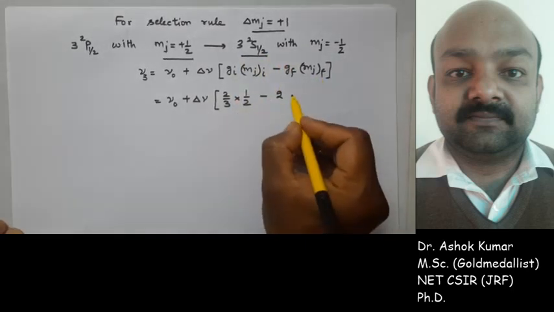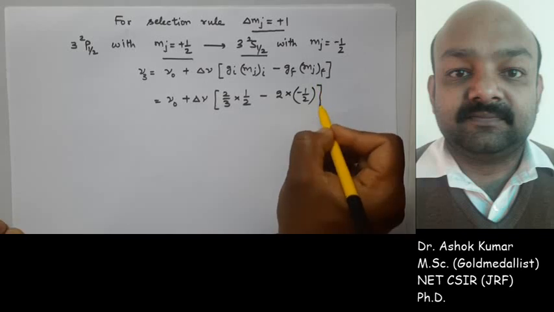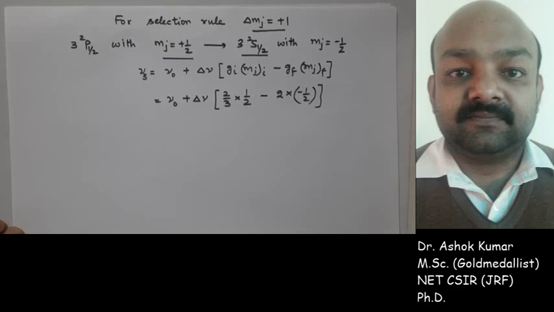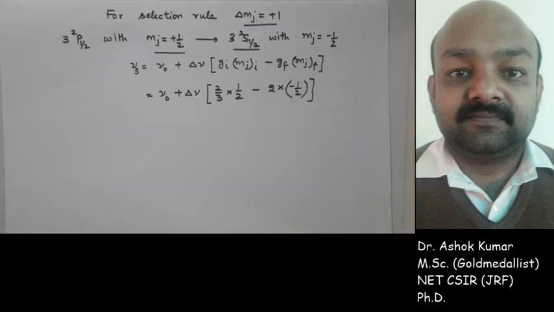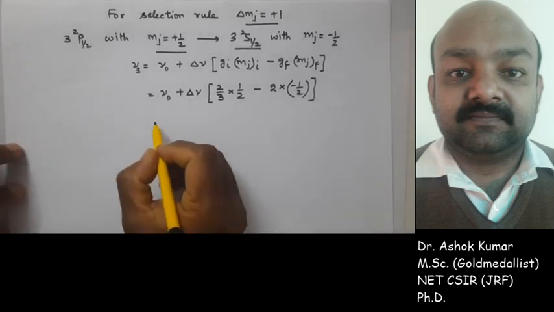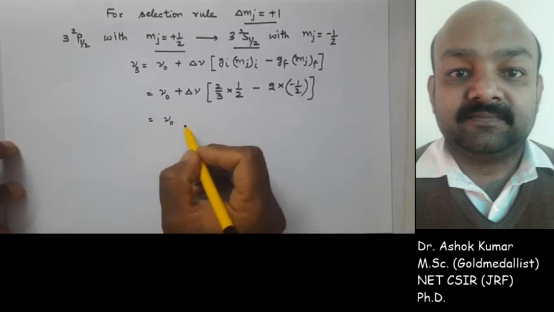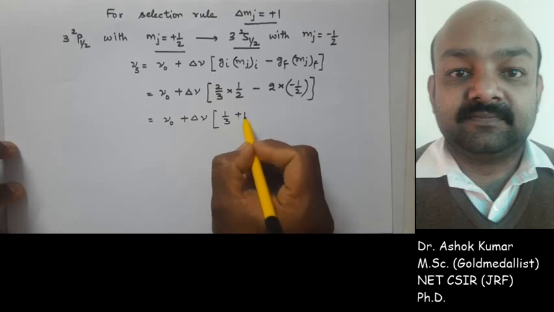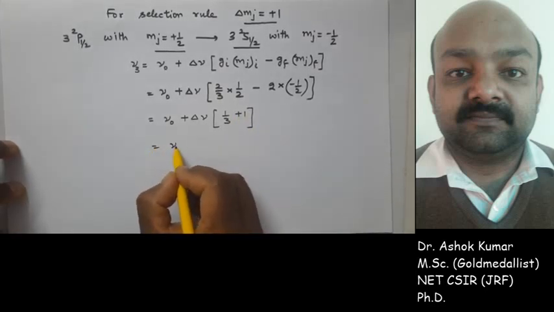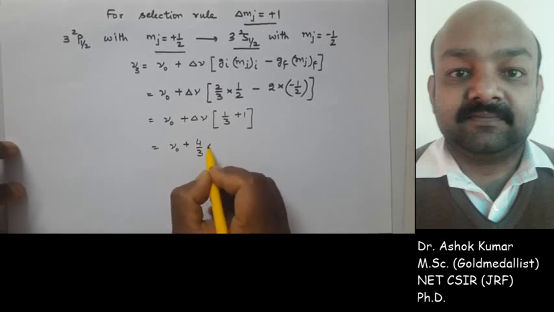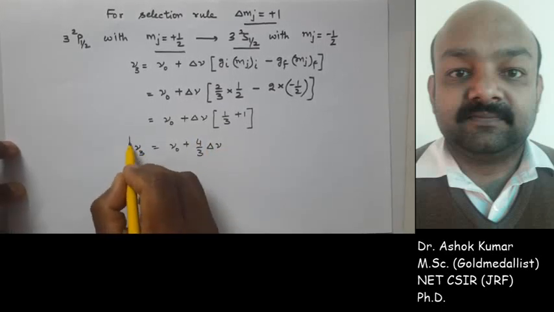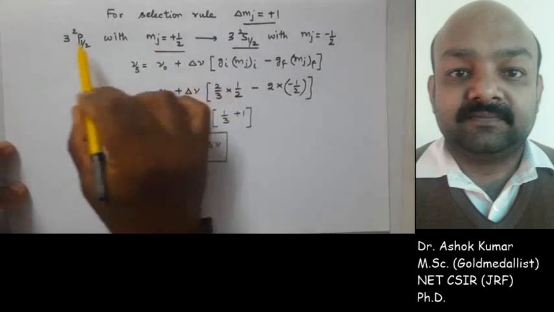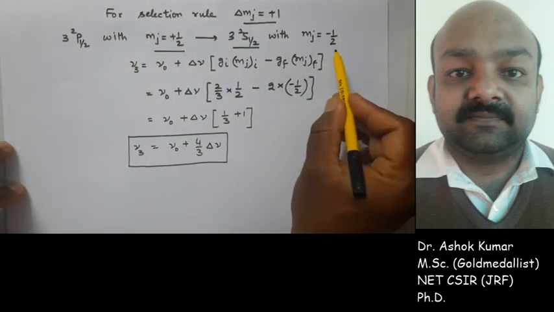For this state Lande factor 2, mj value minus half. So this comes out to be, so this is a transition from this very state to this very state.